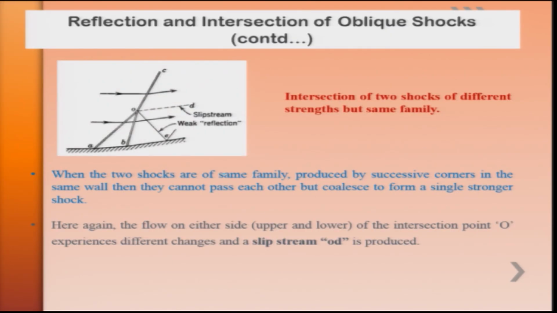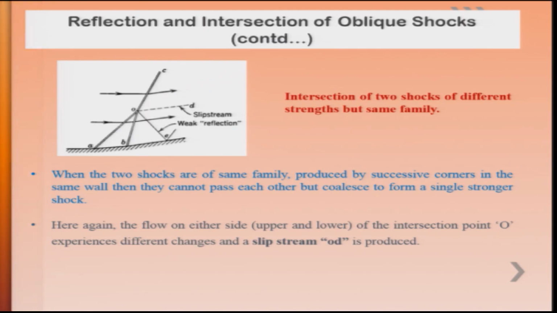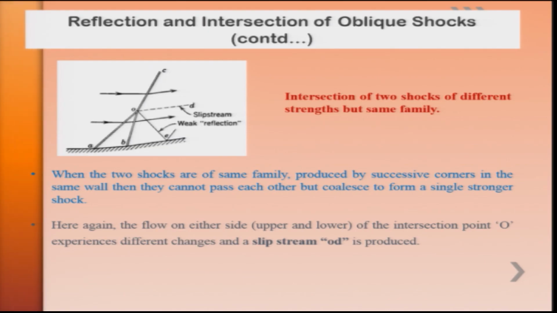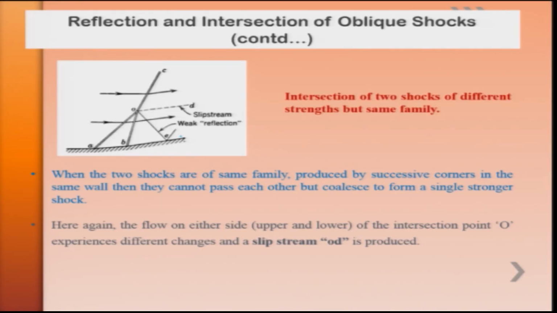Now what happens in the second case, when the waves are of unequal strength but the same family, that means the surface is the same which generates these oblique shock waves, and they are going to intersect each other. Note that since the surface is the same, at various corners these oblique shock waves are generated.